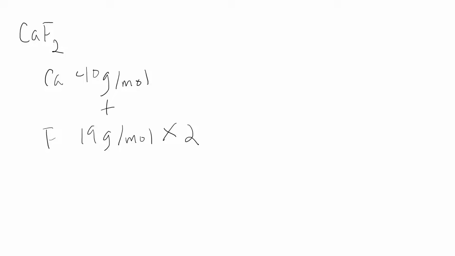Using the calculator, 19 times 2 gives us 38, plus 40 gives us 78. So overall we get 78 grams per mole. Hopefully everybody can see that. That is the molar mass of calcium fluoride.